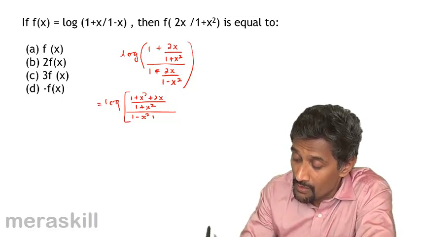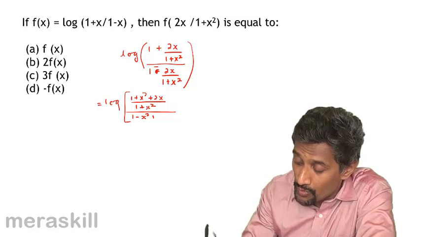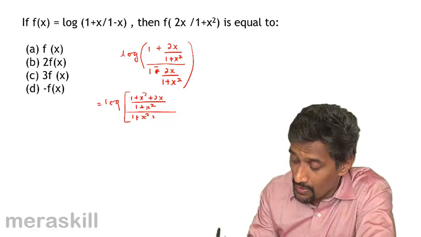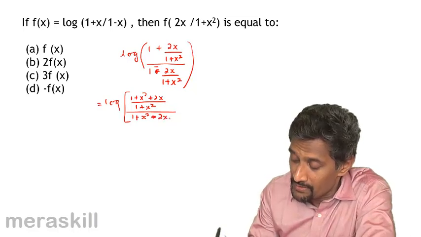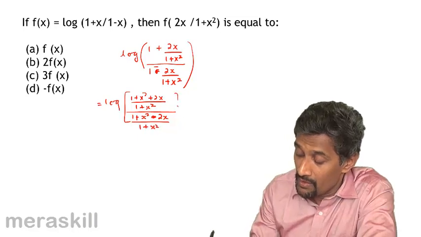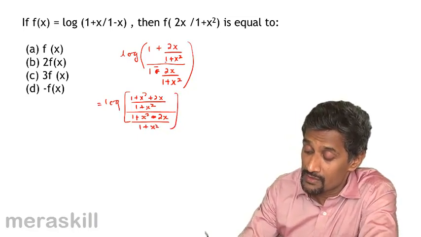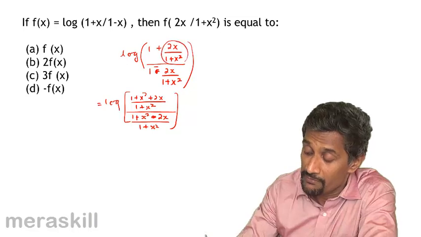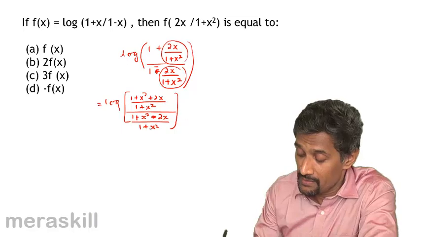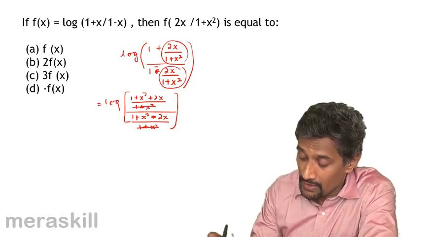It's going to be 1 minus 2x upon 1 plus x squared. What we did here was, instead of x, you're putting this, and again here you're putting this, and the sign here is minus. These two, of course, get cancelled.